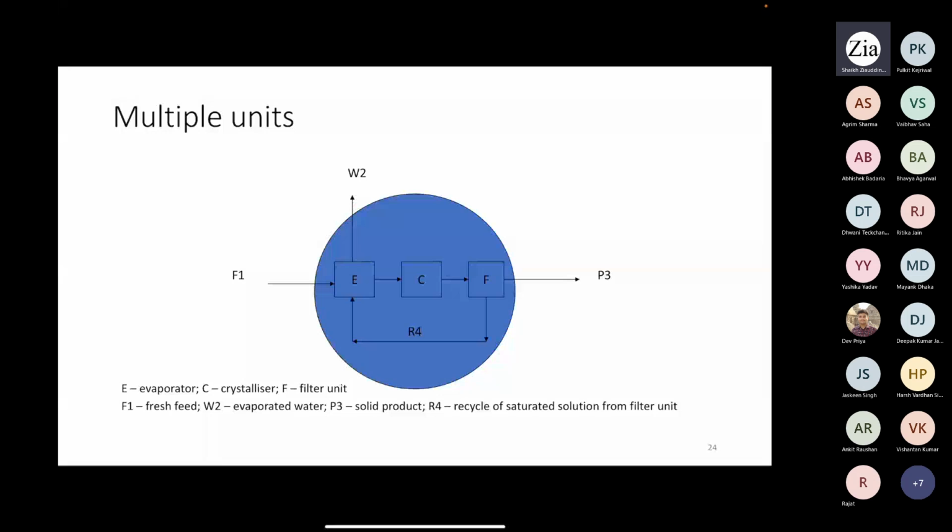You mostly deal with a combination of multiple unit operations. So you may have extraction followed by centrifugation, followed by adsorption, or maybe filtration, then centrifugation, then extraction, then adsorption. Multiple unit operations could be there, and that combination will give you the entire upstream or downstream process.